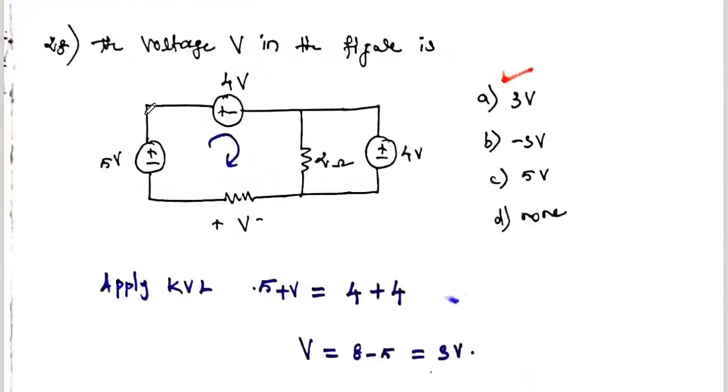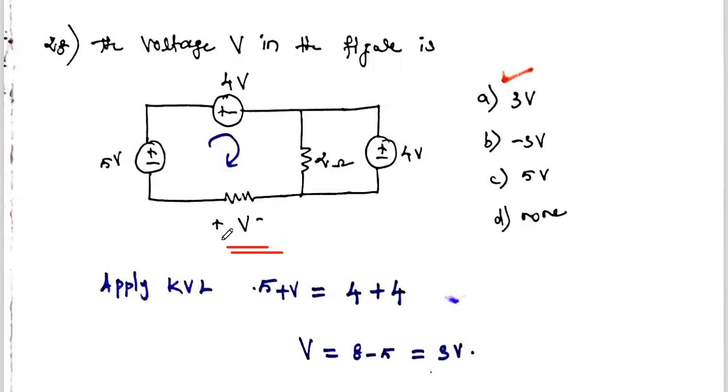So directly we can write. Then the next problem: the voltage V in the figure is dash. Here this is the given circuit. This is a 5 volt battery, a 4 volt battery, and one resistor. So the voltage across this resistor, this V, we have to find out.